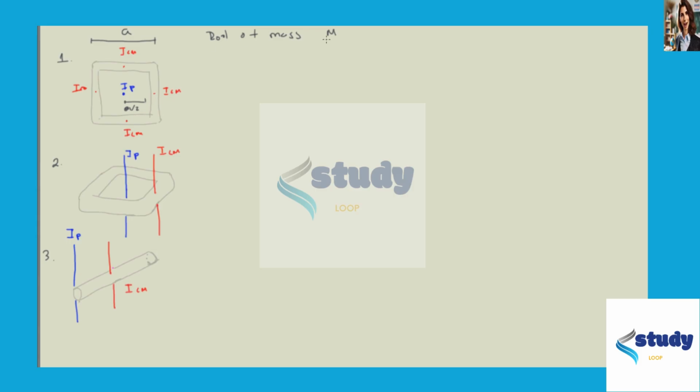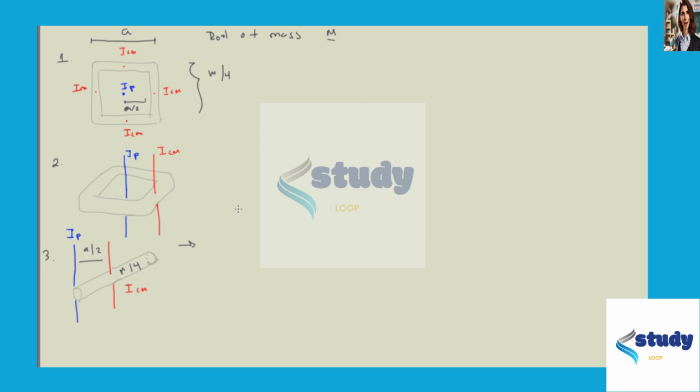And since the total mass is M, the mass of each side is M divided by 4. So if I think of this as a single rod, I have a distance A over 2 and a mass M over 4, and I want to find the moment of inertia through P.